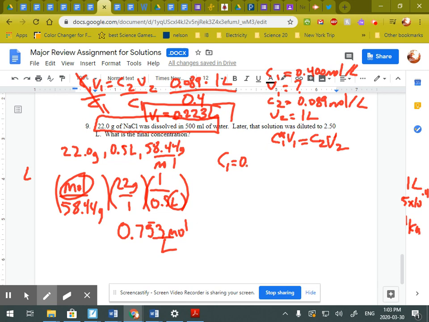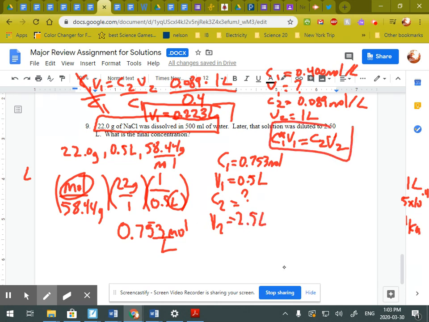Now that is C1. That's our initial concentration. Our initial volume is 0.5 liters. We don't know the final concentration, but it's been diluted to 2.5 liters. So when we set up our formula, now we have enough to solve this. If we divide both sides by V2, we can plug our numbers in there. So concentration 0.753 times the volume 0.5 over 2.5.